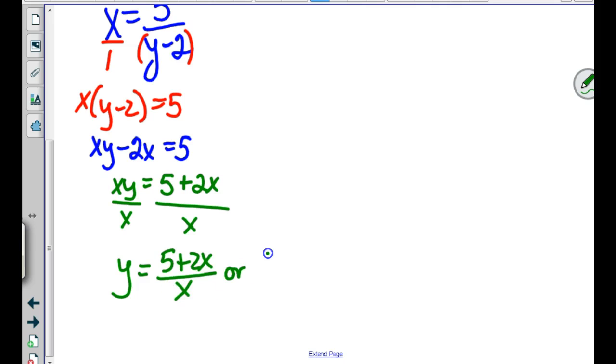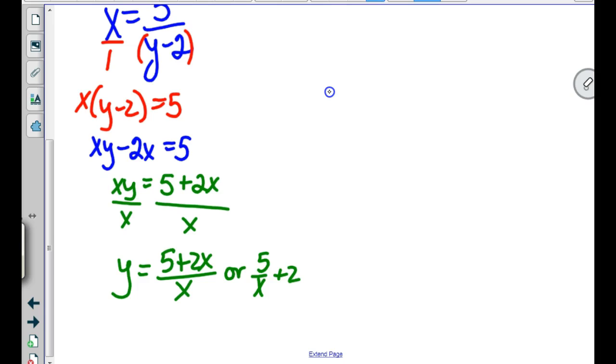Because if you put the 5 over the x and then the 2x over the x, it would just be this, which is what you could have done here, guys. Look, if I had decided to divide by the x here, and then I would have added the 2 over here, same thing. So either one is correct. My job is to make sure your answer is equivalent. You don't have to come up with all the possible ways to write it.